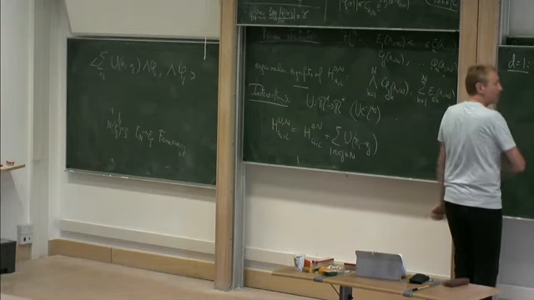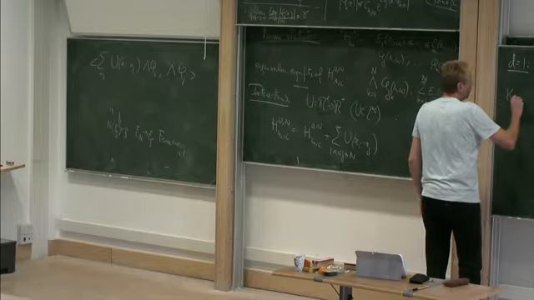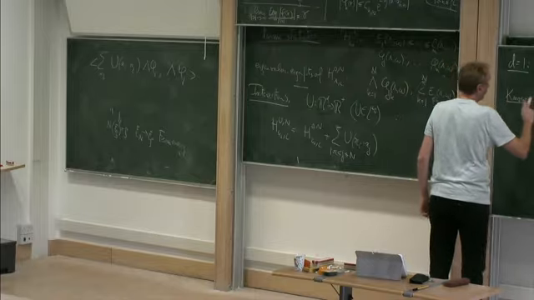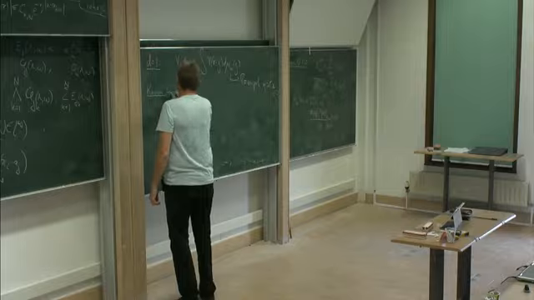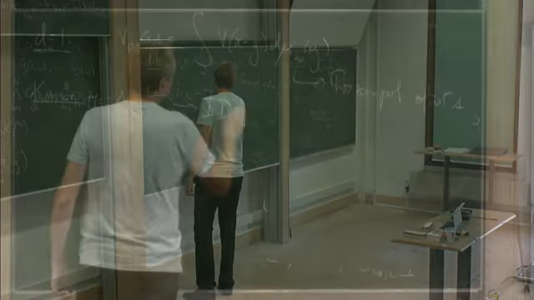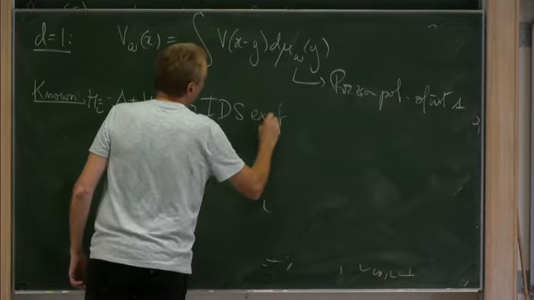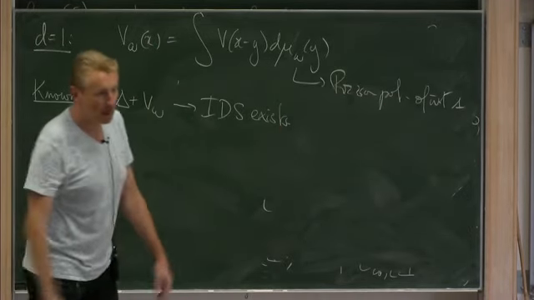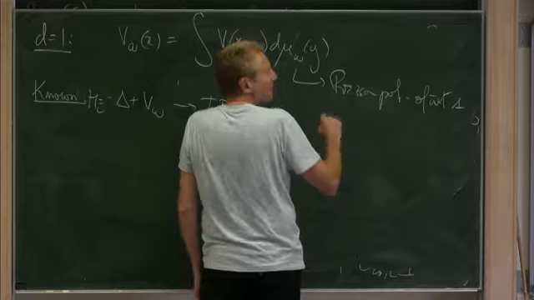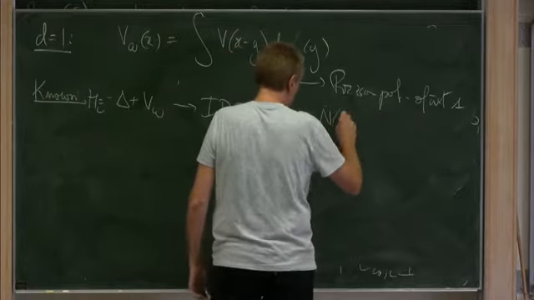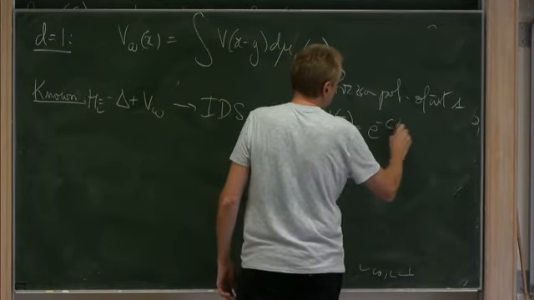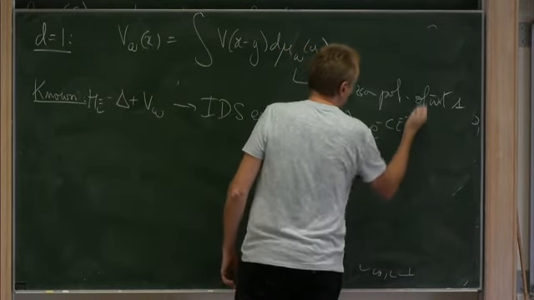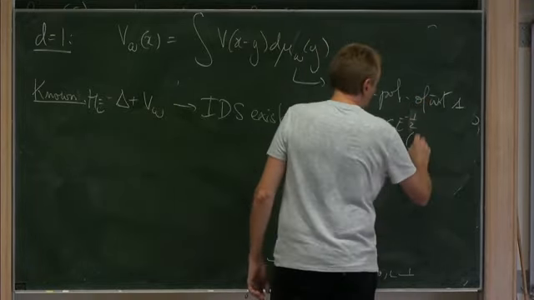Well, it's well known. What is known? First, it's known that if you look at minus Laplacian plus v_omega, the IDS exists. You even have, I think it's Molchanov or Pastur, I don't remember which of the two, that this is e to the minus some constant, e to the minus d over 1 over 2. You're already in d equal to 1.